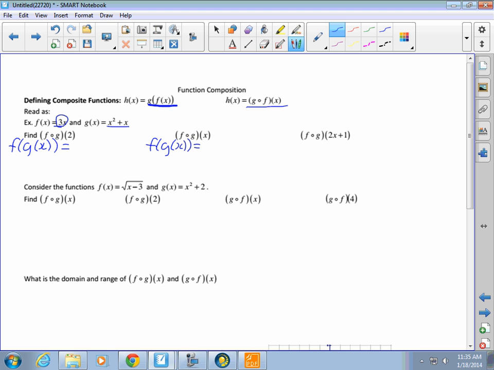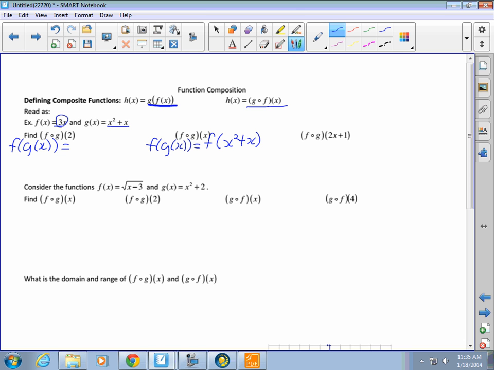So wherever there is an x, I'm going to substitute in x squared plus x. My f(x) function was 3x, so I'm going to substitute in what my g(x) equaled.